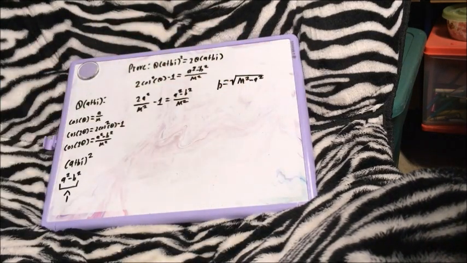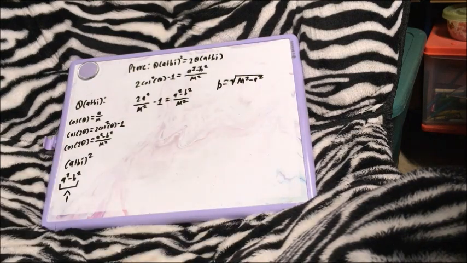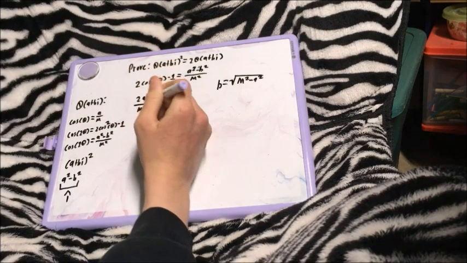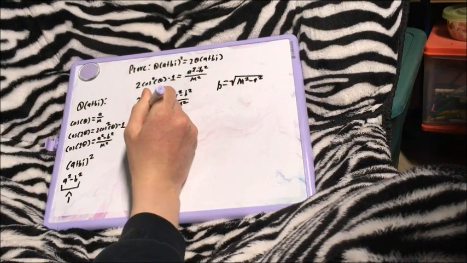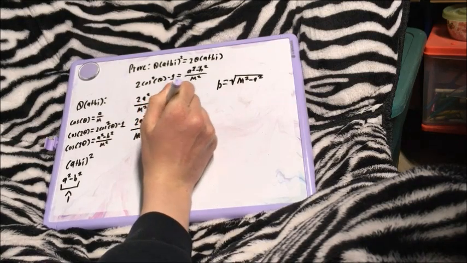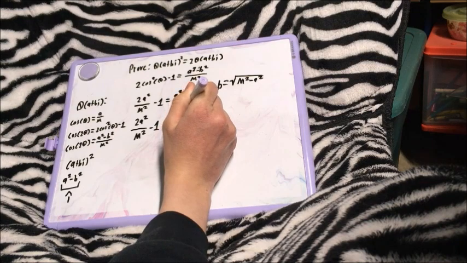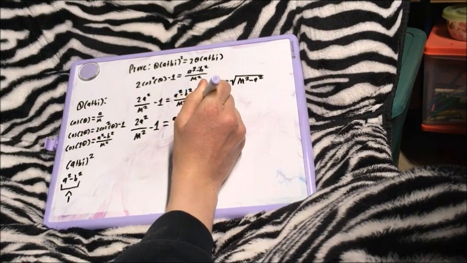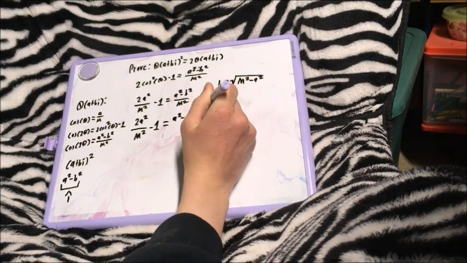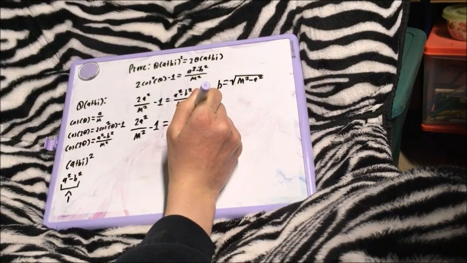You can think of this as trying to find the leg, not the hypotenuse, of a right triangle, where you know the hypotenuse and you know one other leg. Which means we can simplify this down to 2a squared over m squared minus 1 is equal to a squared minus m squared, remember this is negative, plus another a squared over m squared.